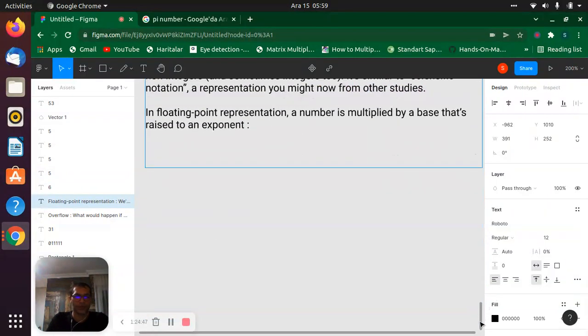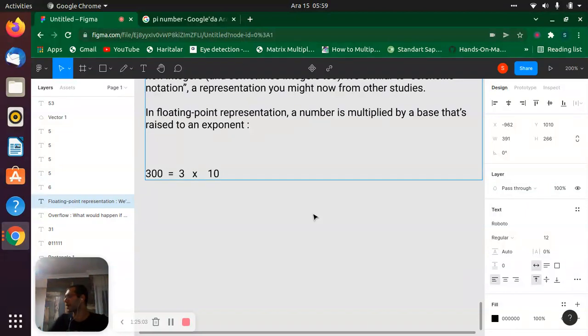So what I'm saying here, I will give you some example. A nice example. It will be 300, so it will be 3 times 10 to the power of 2. It is like in the decimal system. What we are doing to represent 1,000, we say 10 to the power of 3, it's 1,000.